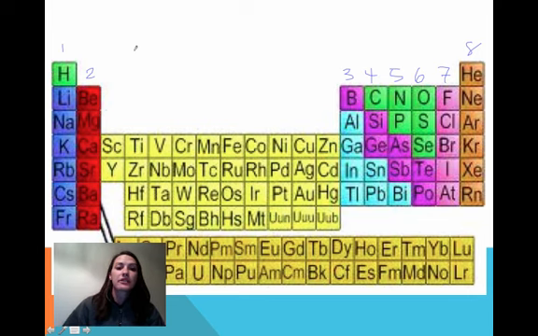Some things that you're going to need to know are going to be the orbitals. There are 4 orbitals. There's an S, a P, a D, and an F orbital, okay? The S orbital comes with these elements right here. Those are the S orbital. And this block right here where the 2 is, where this empty space is, that's actually going to be helium.